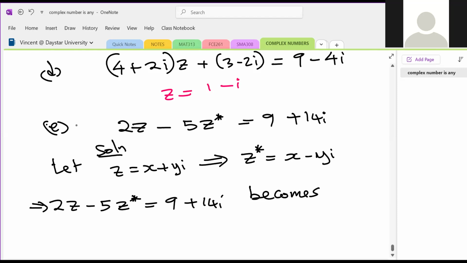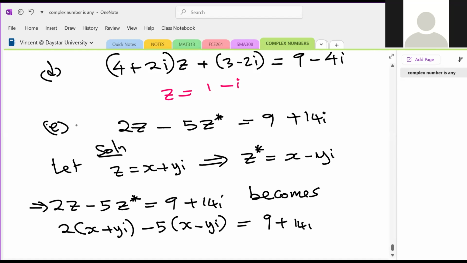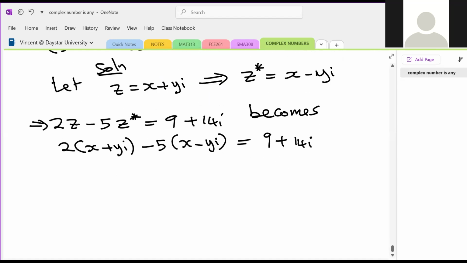becomes 2 into x plus yi minus 5 into x minus yi equals 9 plus 14i.